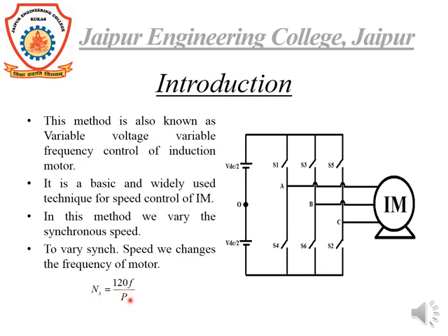We can also change the speed by changing the number of poles, but once the motor is designed and manufactured, it is not possible to change the number of poles of the machine. So by varying the frequency, we can change the speed.